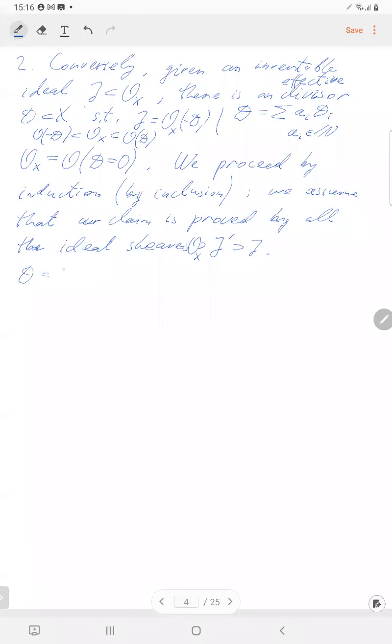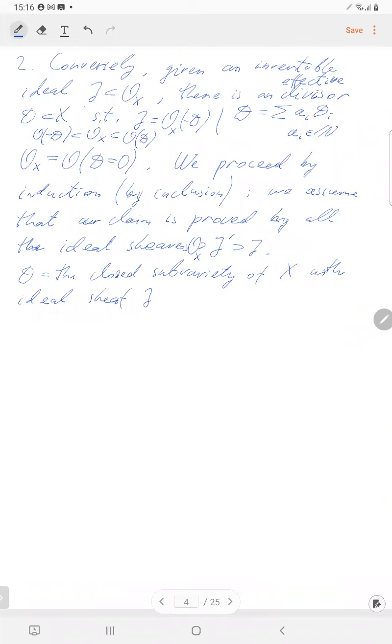It is the closed subvariety of X with ideal sheaf J. That's what we did in the first part of our proof, right?